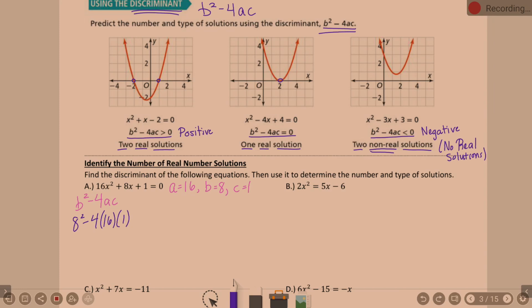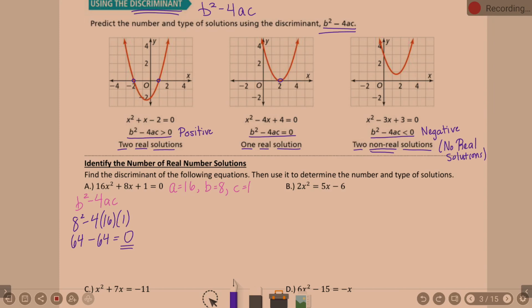You might want a calculator by your side. 8 squared is what? 64. 4 times 16 times 1? 64. And 64 minus 64. 0. Big math there, right? So we just learned that our discriminant equals 0.